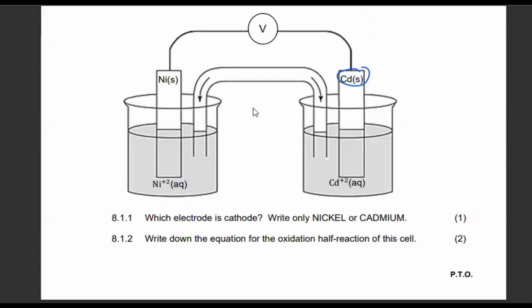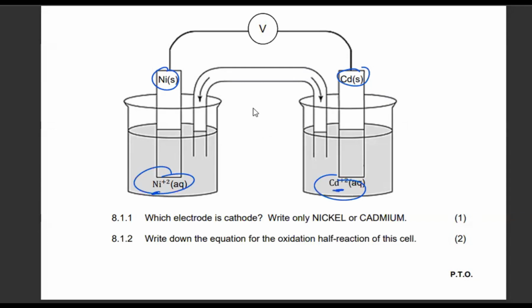You have cadmium and nickel, and the solution is here. So which electrode is the cathode, nickel or cadmium? In this case, you look at which one is more reactive and which one is less reactive. Remember that reduction happens at the cathode, so the cathode is the less reactive one.